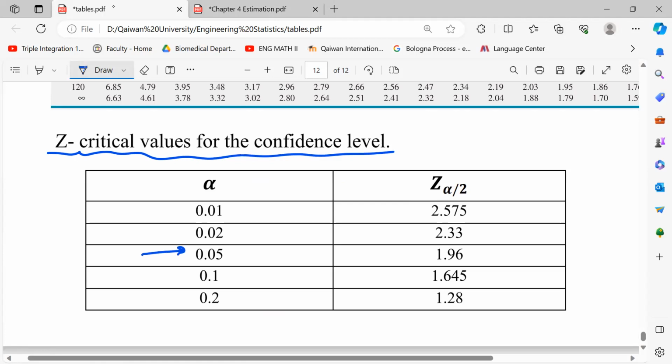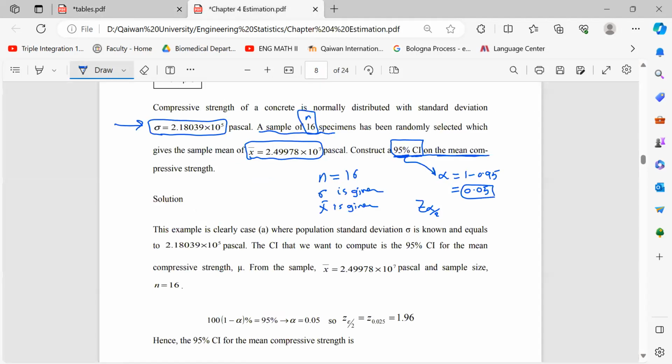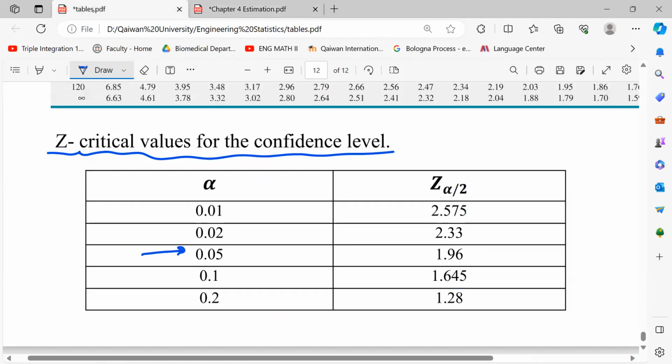So alpha over 2 is 0.025. We now need to find Z of 0.025. In the table, it's given that if alpha is 0.05, the value of Z of alpha over 2 is 1.96.